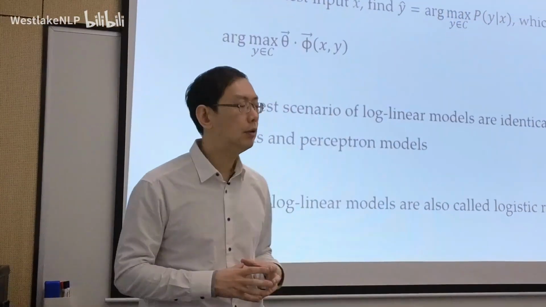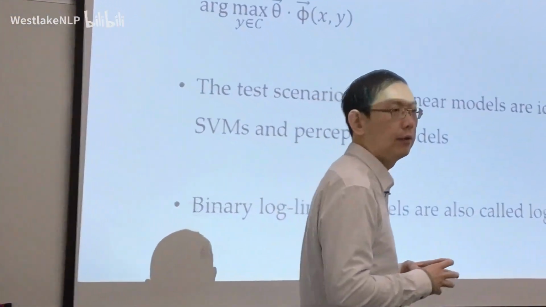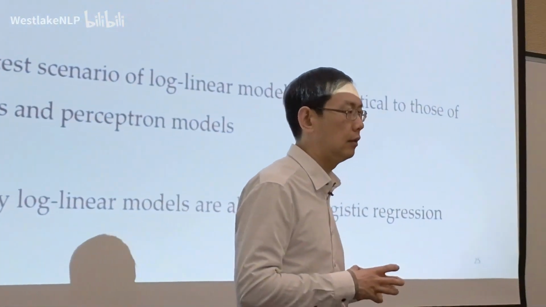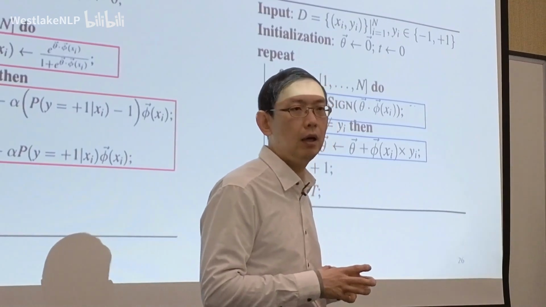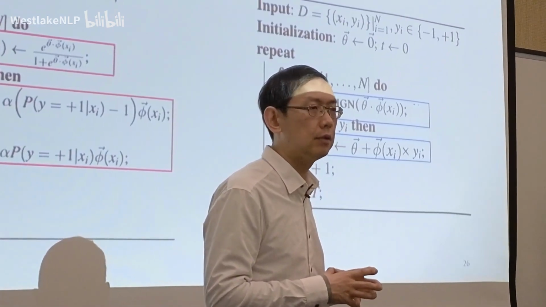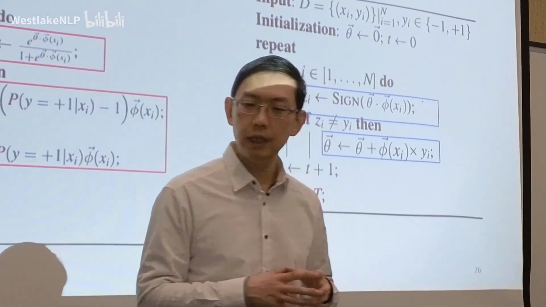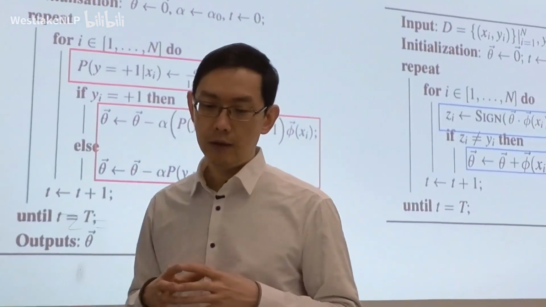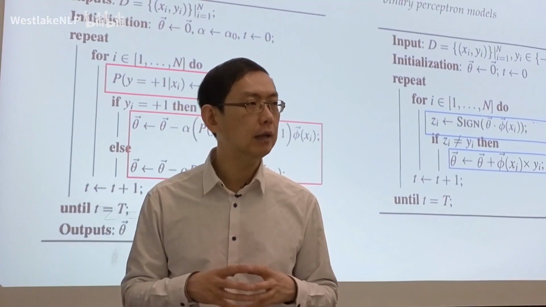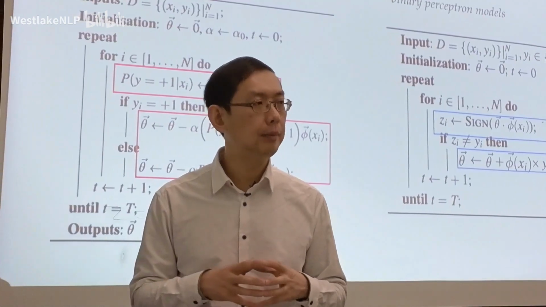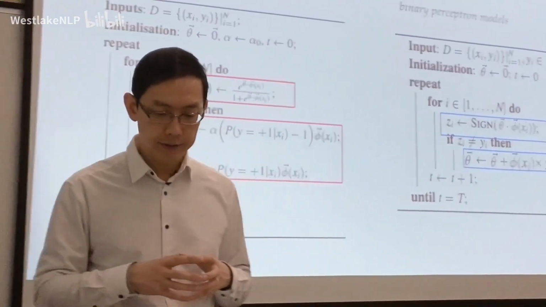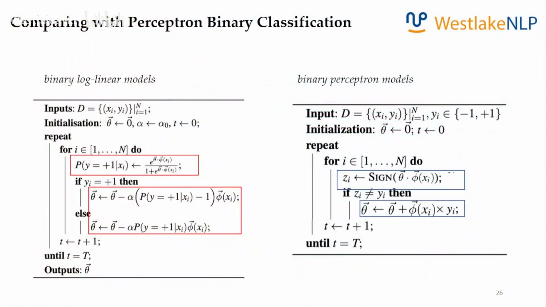Now that the model is so similar to the perceptron algorithm in testing and in parameterization, we want to compare the training process with the perceptron as well, to understand why we end up getting a probability score. So let's do a comparison, taking the binary case and multi-class case respectively.